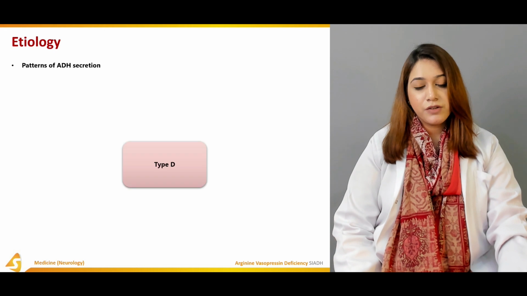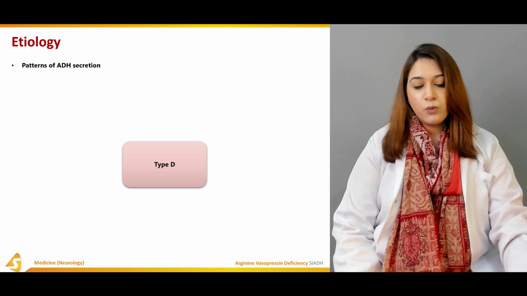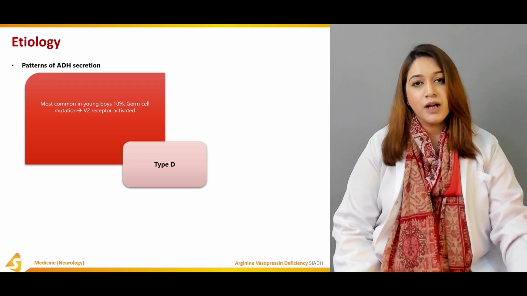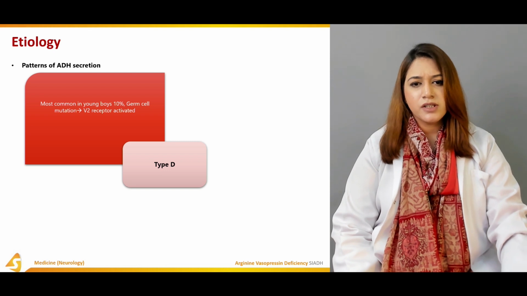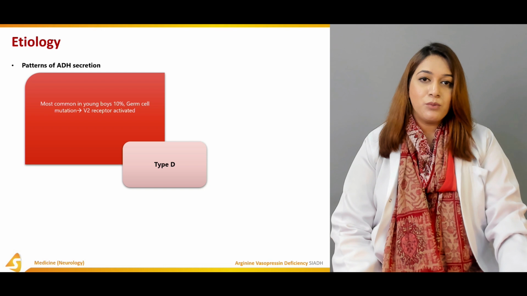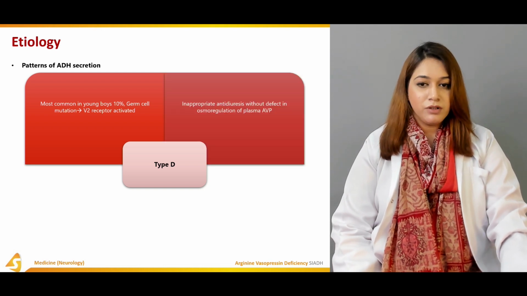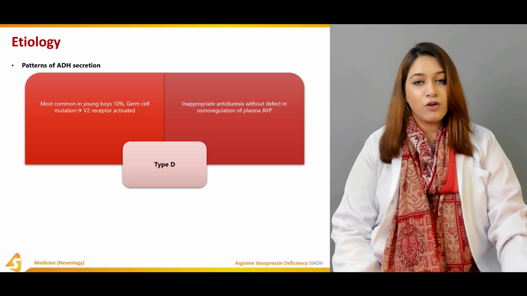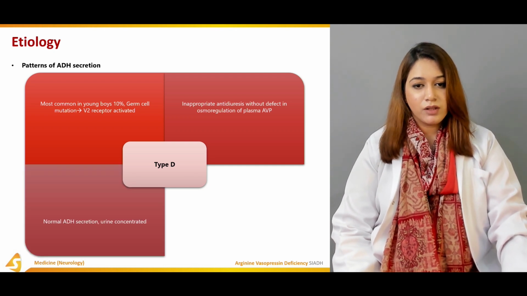Patterns of ADH secretion. We said there are 4 patterns. So now this is the 4th pattern, which is most common in young boys, around 10% of the cases. It occurs due to a germ cell mutation in the V2 receptor, which leads to the activation of this receptor. Due to the activation of the V2 receptor, there will be inappropriate antidiuresis without the defect in osmoregulation of plasma AVP.